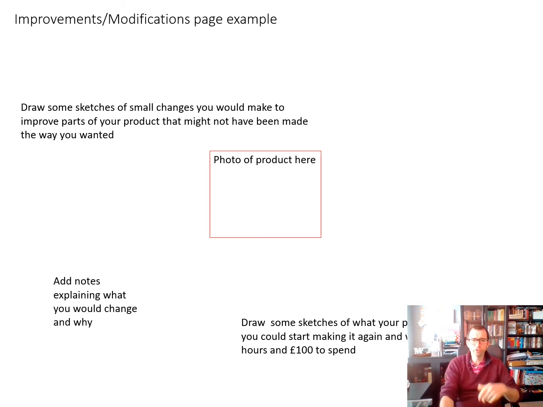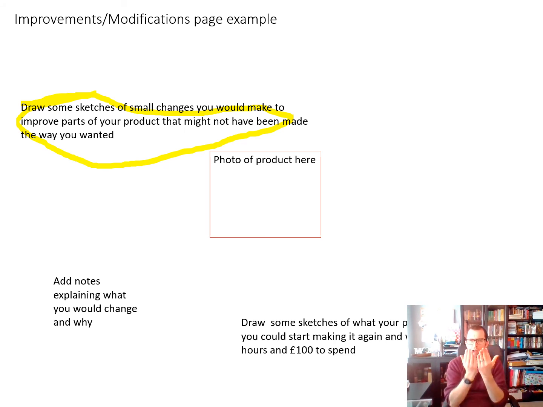Then I've split this into two sections. Section one, you do half the page of designing, doing some small sketches, I've just got to draw a circle around it, that show how you'd improve parts of your project. So if there was a drawing that had a bit of a gap in there, could you show a drawing of how that could be improved?